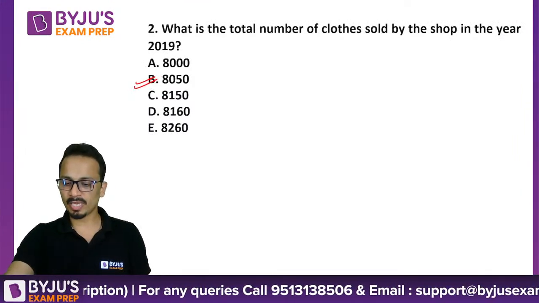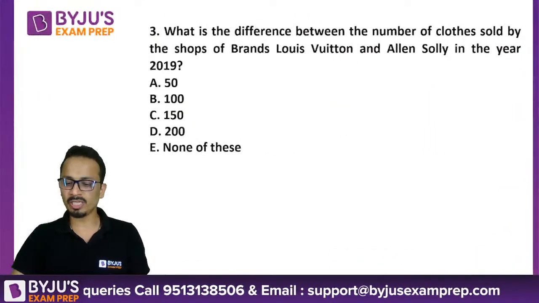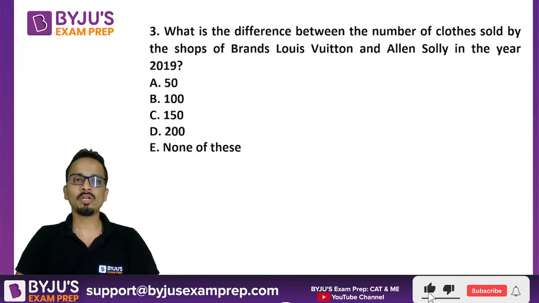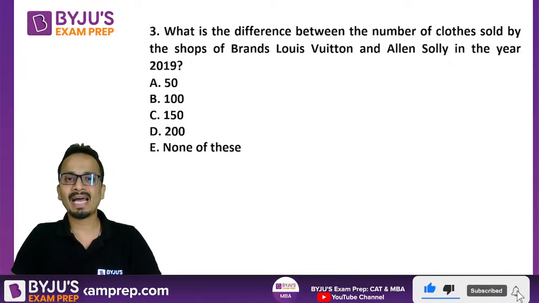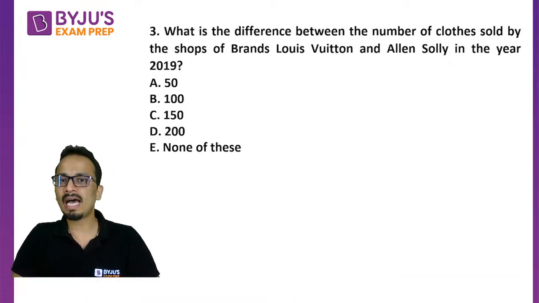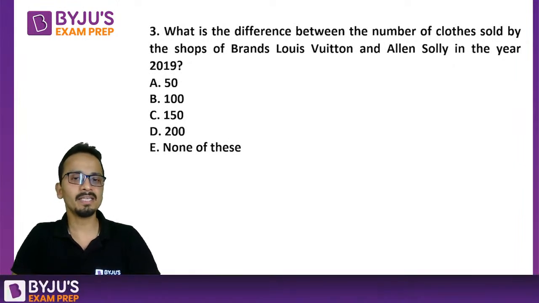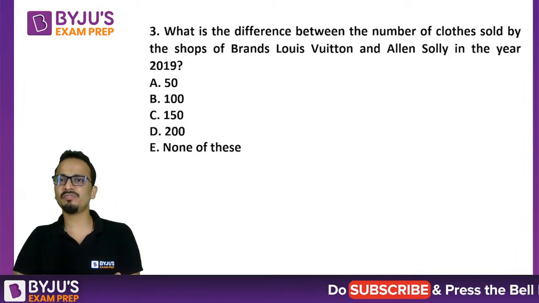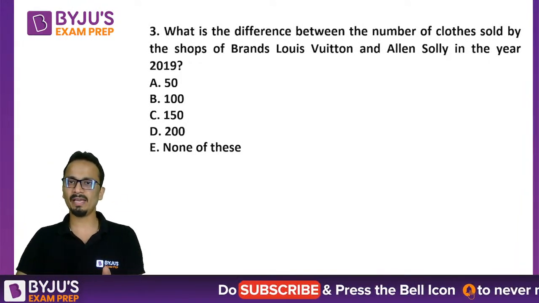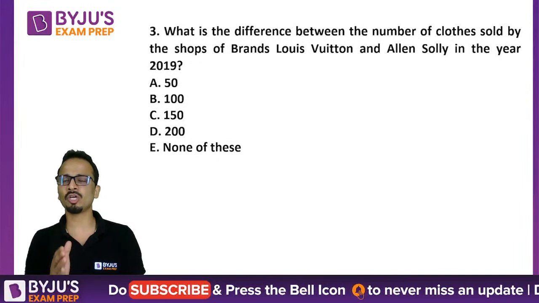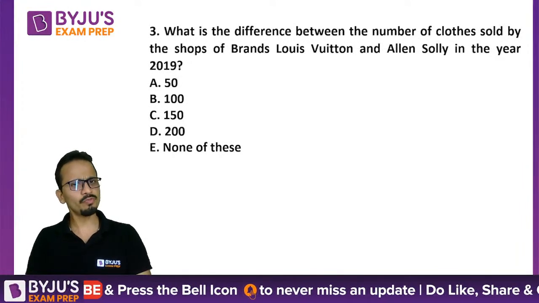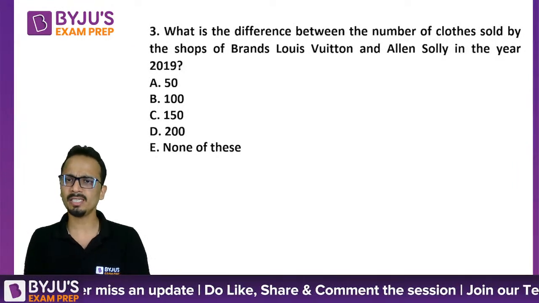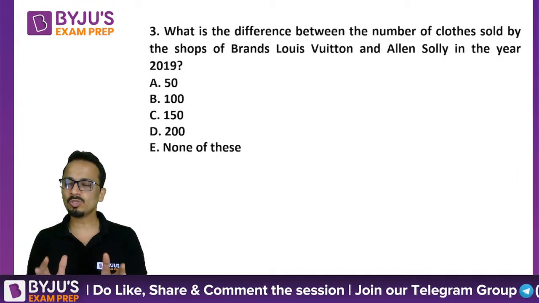All right. Now next question, question number 3. What is the difference between the number of clothes sold by the shop of brand Louis Vuitton and Alan Solly in the year 2019? So you will have to find the difference between the total clothes sold by Louis Vuitton and Alan Solly. We have already calculated both sums, so just do the subtraction.